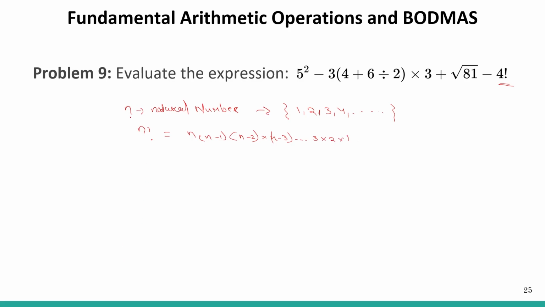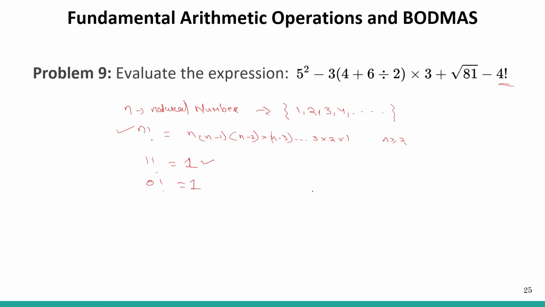So this is what n factorial is. This is specifically for n greater than or equal to 2. And 1 factorial is equal to 1 and 0 factorial is also equal to 1. These are the things that you need to remember. So let's now solve this question.